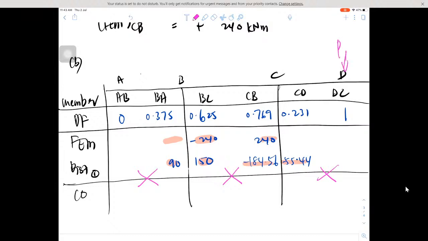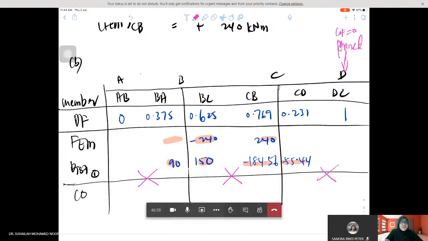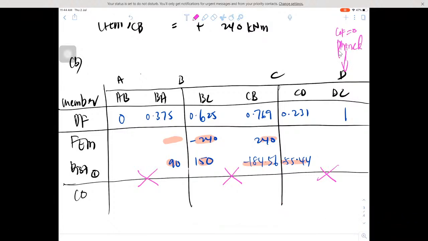Here is the pin, and the pin carry over factor is equal to 0, so this one automatically becomes 0 because the factor is 0. So this is 45, this is 75. 184.56 divided by 2 is 92.28.